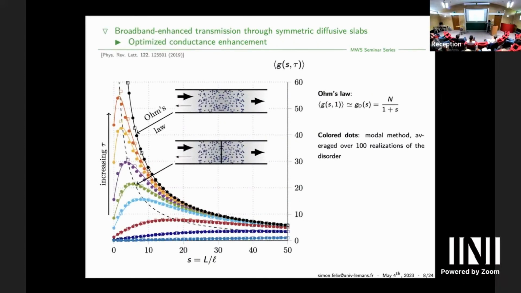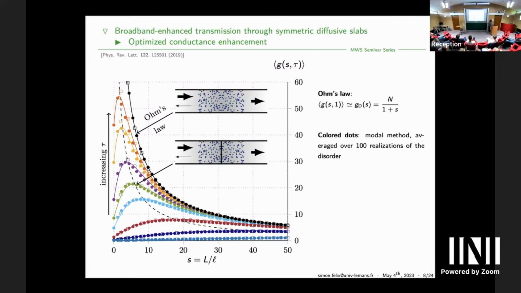So on this plot, what we see is, as a function of the length of the slab, which here is normalized by the mean free path, I show the conductance of this system, barrier plus symmetric arrangement of scatterers, for different values of the transmission of the barrier itself. So tau is the normalized conductance of the barrier.